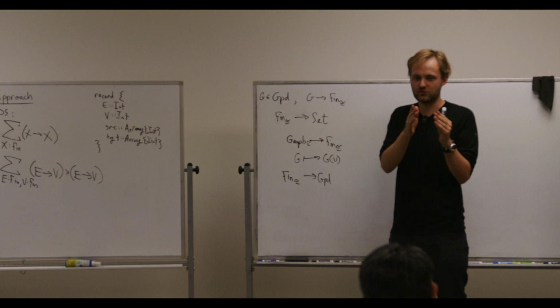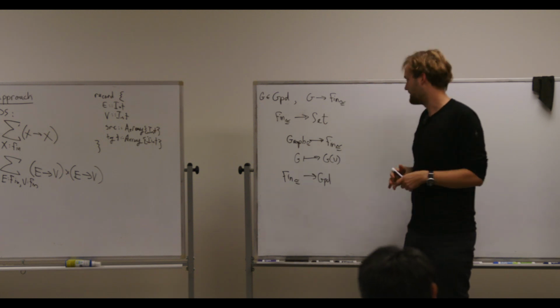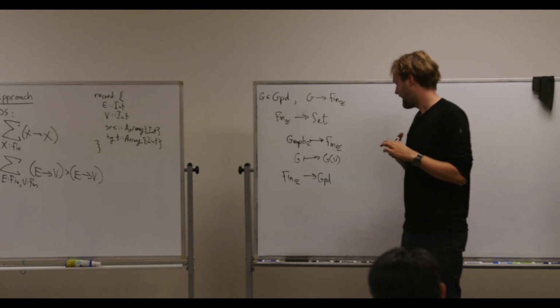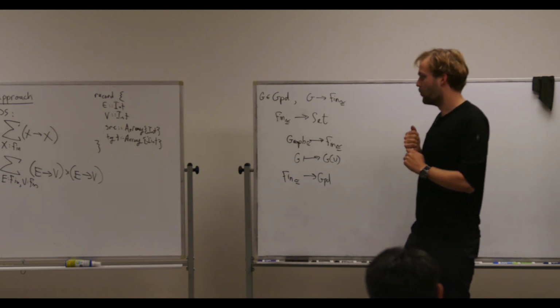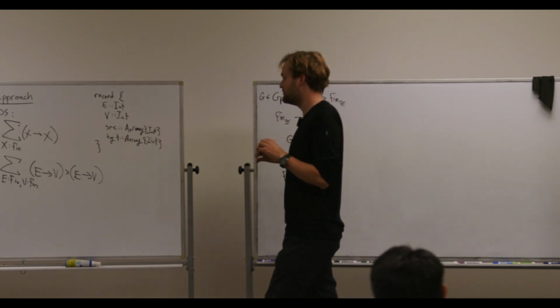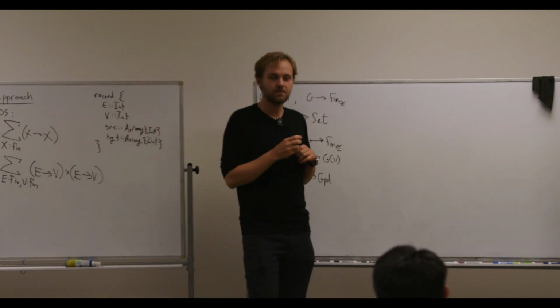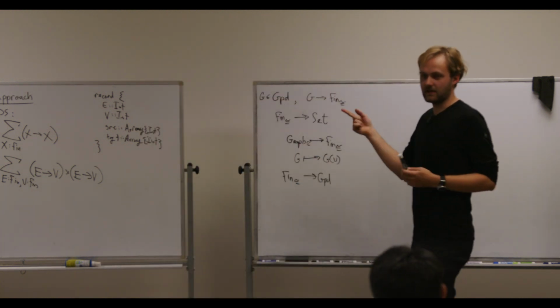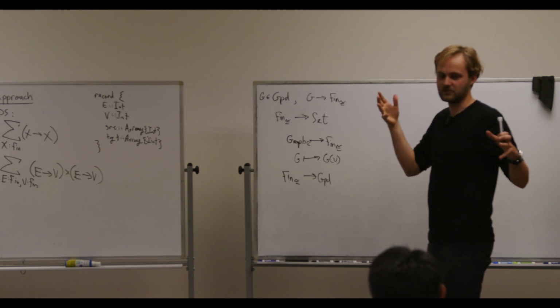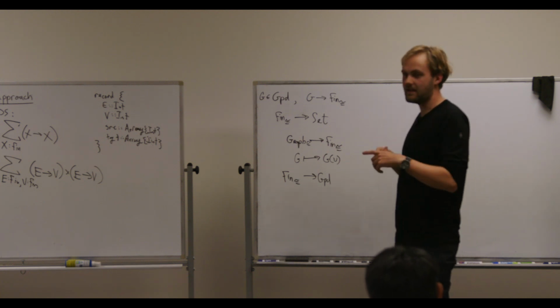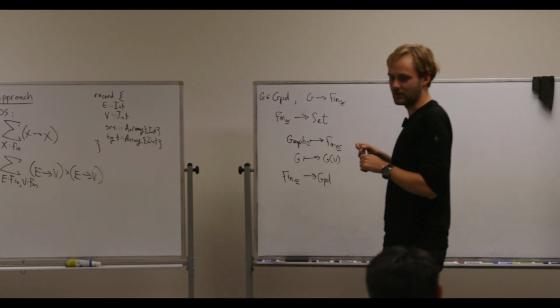I have a context where I have some finite types in my context. And what can I do with the finite types in my context? Well, I can take sigma types over one of the variables in my context. And that's where we need this to be a groupoid.